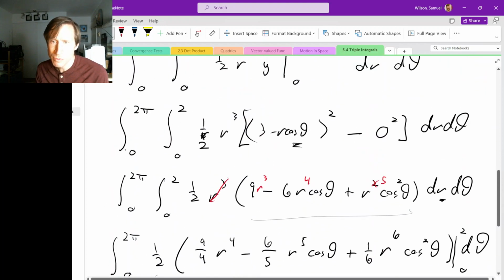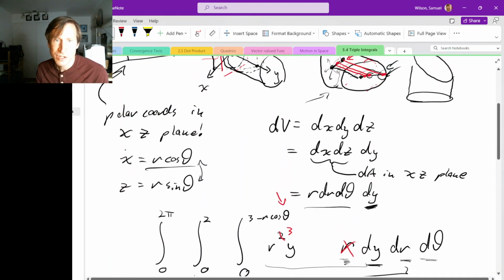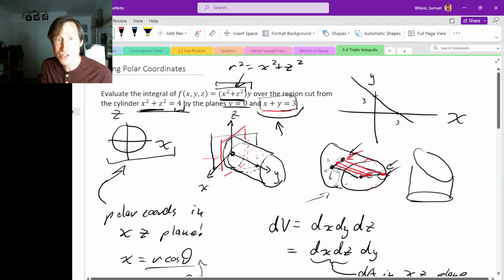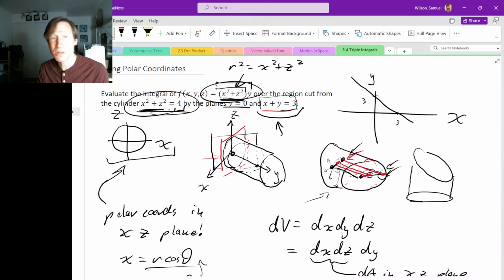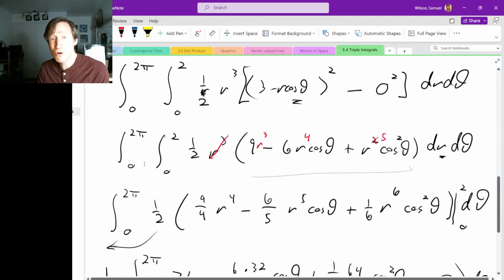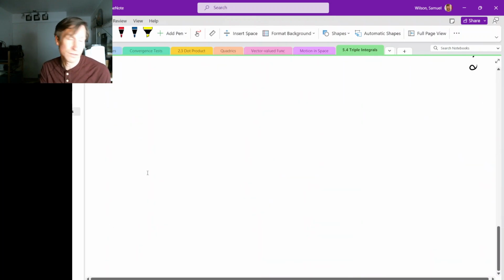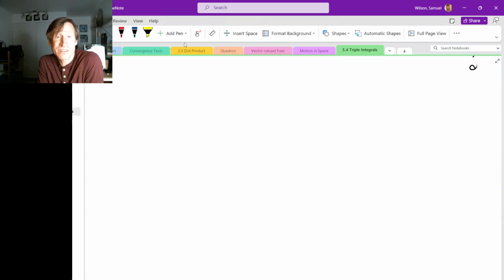Right, just like when we were doing double integrals, we need to keep our eyes out for opportunities to use what we know about polar coordinates. So in this example, we used polar coordinates for the xz plane, but of course you could use polar coordinates for any pair of coordinate directions, depending on what the situation is.